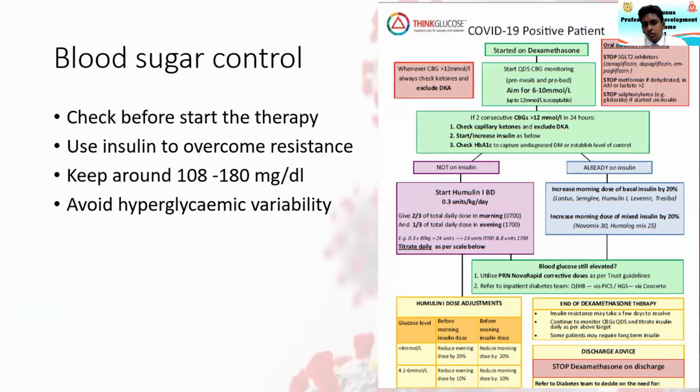So every patient subject to dexamethasone therapy should have at least a capillary blood sugar value before starting treatment, not fasting blood sugars. Or preferably, if you can have HbA1c, that's the best. Depending on that, we can start and escalate our treatment. When we have a patient with high blood sugar, it doesn't mean you can't start steroid.